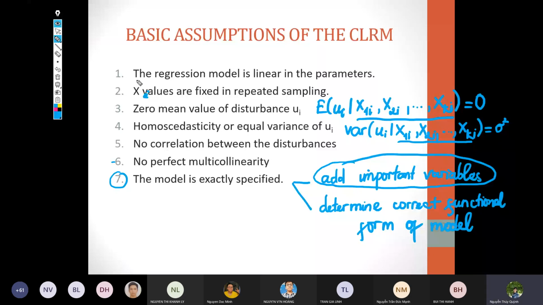Are they still the best linear unbiased estimators of the parameters?